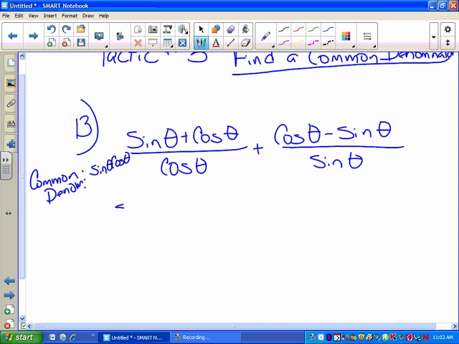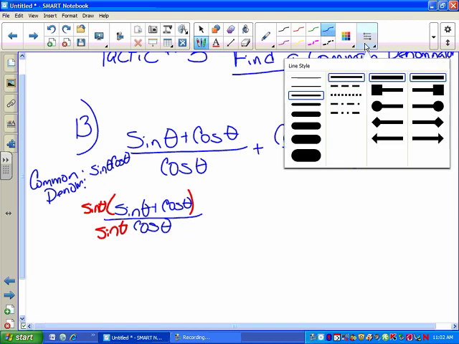So let's write sine theta plus cosine theta over cosine theta. We're going to need to multiply that one by a sine theta. I think I'm going to put it in the front, since it's the monomial. Sine theta, sine theta. I'm going to put parentheses around this binomial part to make sure I know I need to distribute that. Probably going to want to this time, but we'll see.